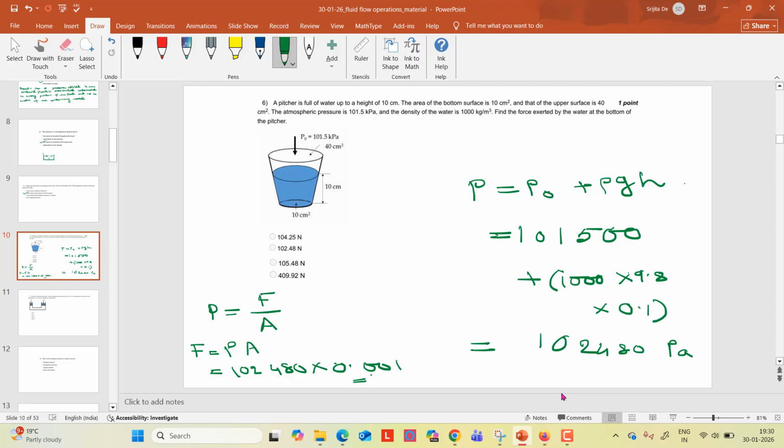So the force is 102.48 Newton. This is your answer, option B.